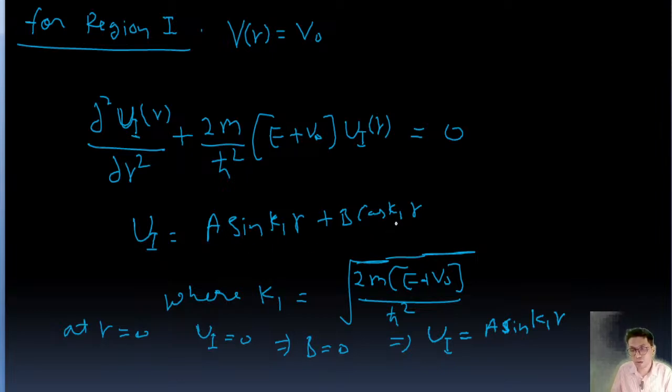Cos 0 is 1, so for this complete value to be 0, b must be 0. So the wave function u first is going to be a sine k1r.